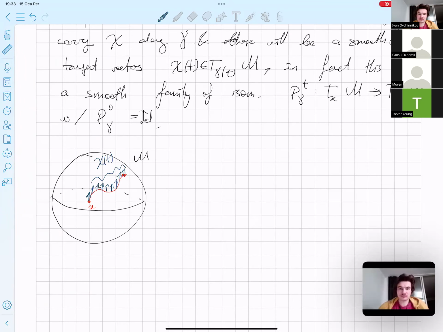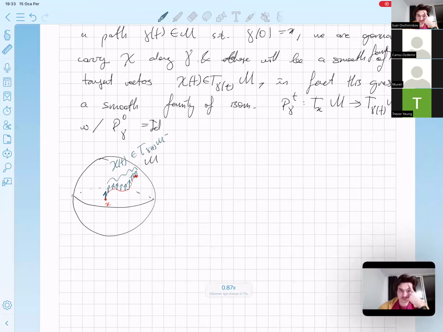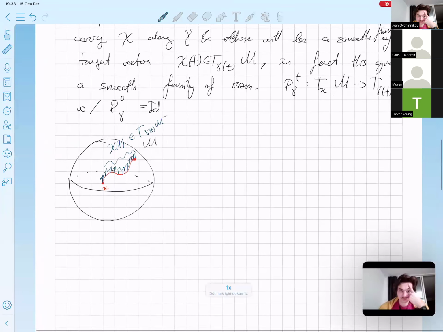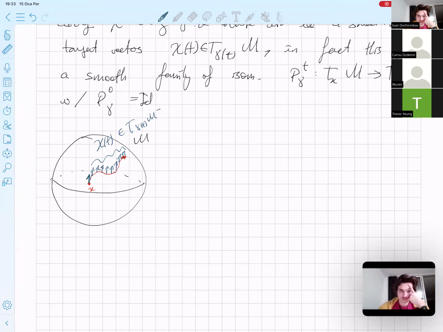So these are the smooth family of tangent vectors. And since their starting point changes, these are elements of whatever gamma t is at that point. Since we can do this for any vector that we choose, any big X that we choose, there's no constraint on that.